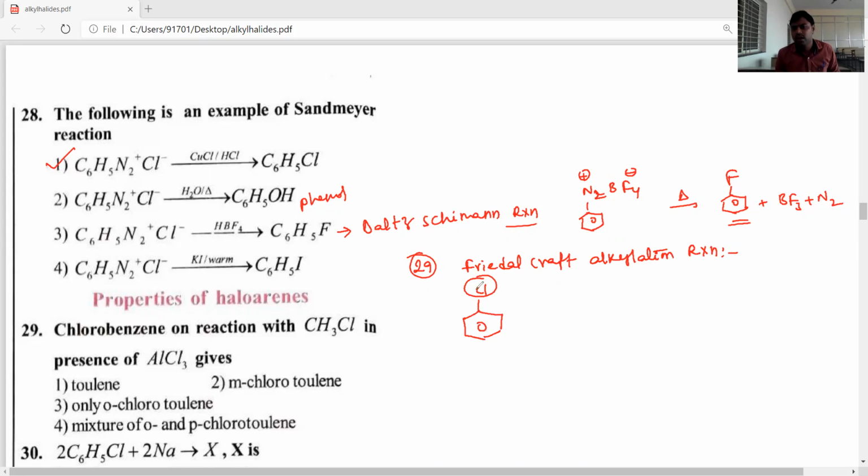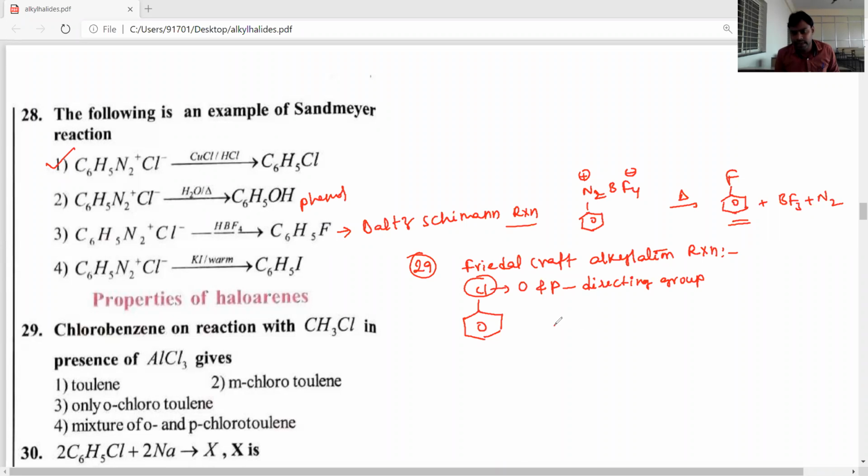Cl group is ortho and para directing group. It is ortho and para directing because it increases the electron density at ortho and para positions. So the incoming electrophile will attack at ortho and para positions.